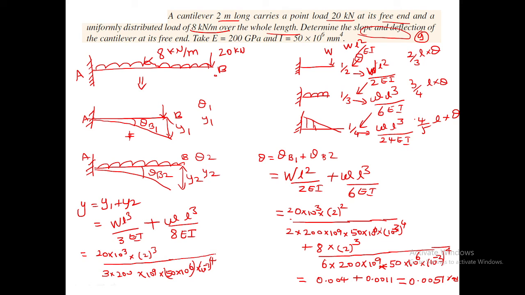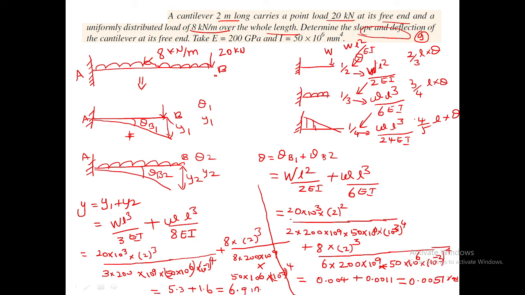With unit conversion, small w is 8 into 2 cube divided by 8 into 200 into 10 power 9 into 50 into 10 power 6 into 10 power minus 3 power 4. Solving both, you get 5.3 plus 1.6 equals 6.9 mm. The value is in mm.